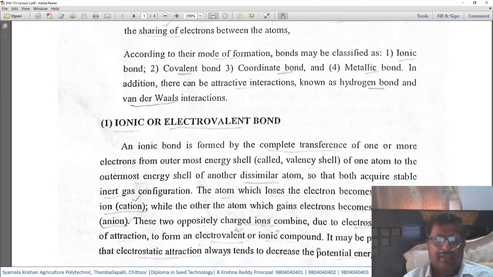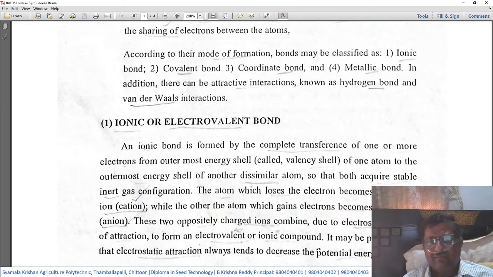An ionic bond is formed by complete transfer of one or more electrons from the outermost energy shell, called the valency shell, of one atom to the outermost energy shell of another dissimilar atom, so that both acquire stable inert gas configuration.